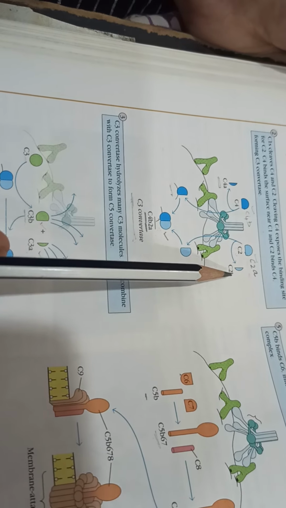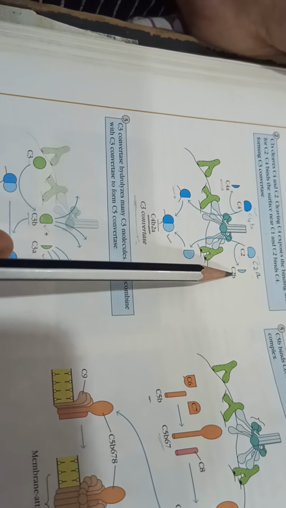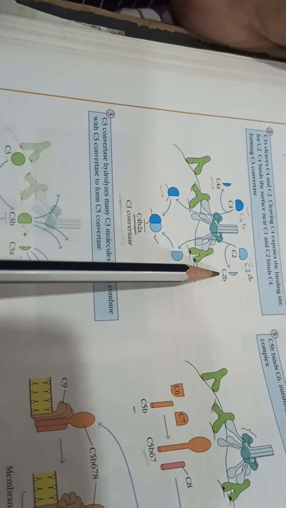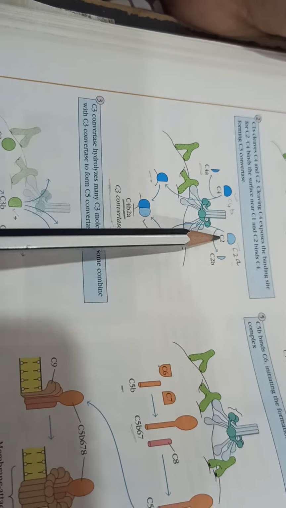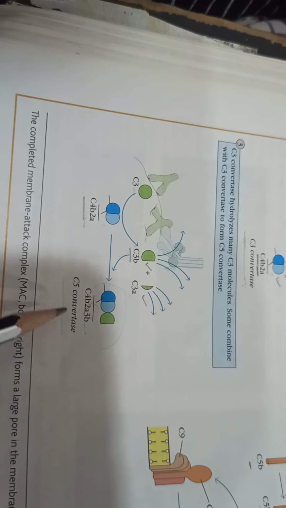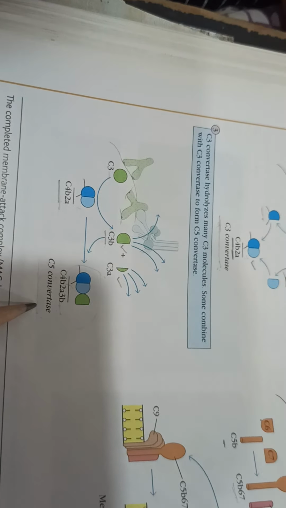Exception is C2. Okay, now we understood what is meant by C5 convertase. Whenever C3b also joins, this whole thing we call C5 convertase.